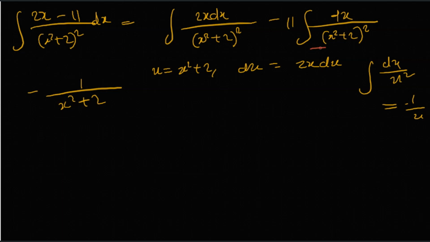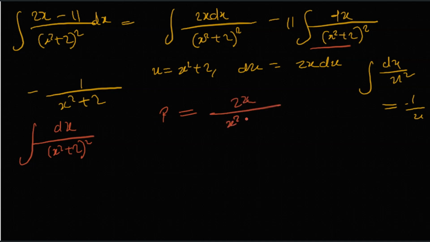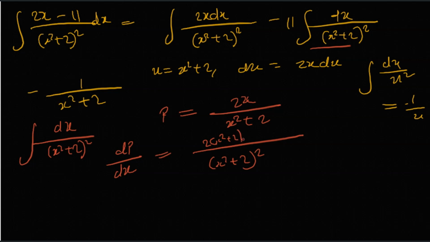To find the integral of dx over x squared plus 2 all squared, this is what we'll do. We'll let p be 2x over x squared plus 2. Now dp dx is, over x squared plus 2 all squared, the derivative of 2x is 2, so 2 times x squared plus 2 minus 2x times 2x, that is 4x squared.